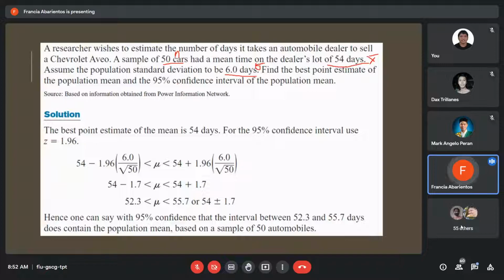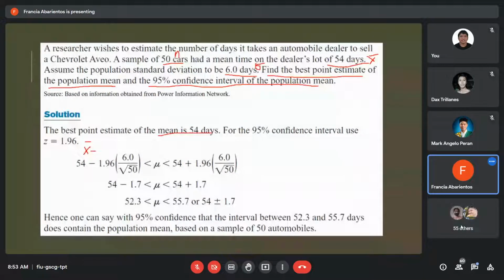So we find the best point estimate. Ayan, pinapahanap sa atin yung best point estimate of the population mean, given sa atin yung 95% confidence interval of the population mean. Okay. So ano yung kukunin natin? So the best point estimate of the mean is 54, and it's now your x bar.